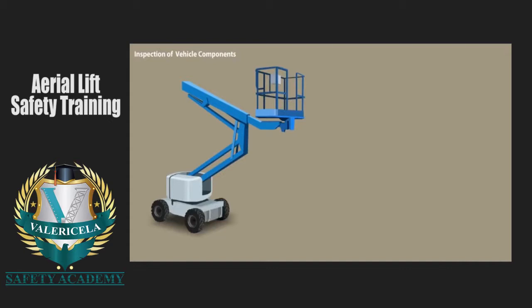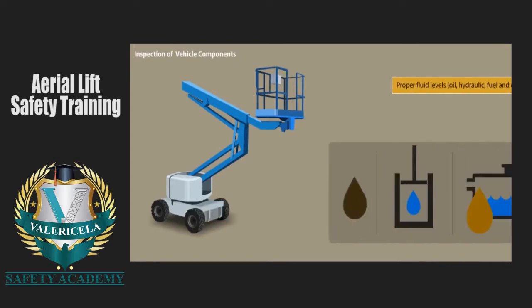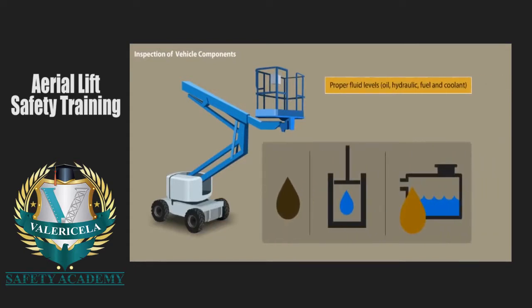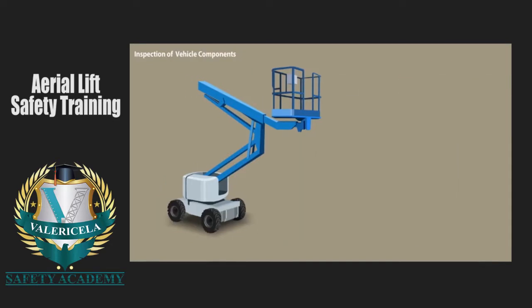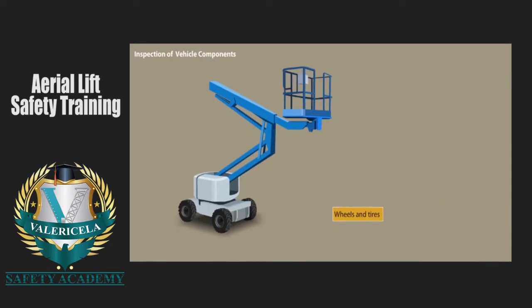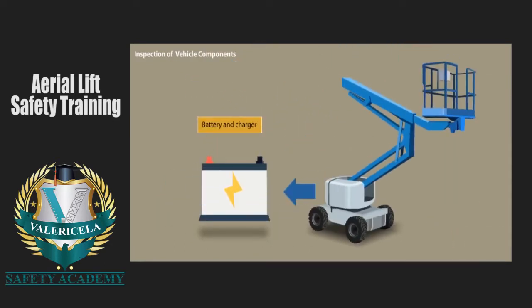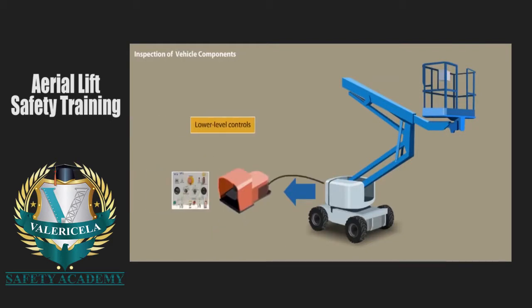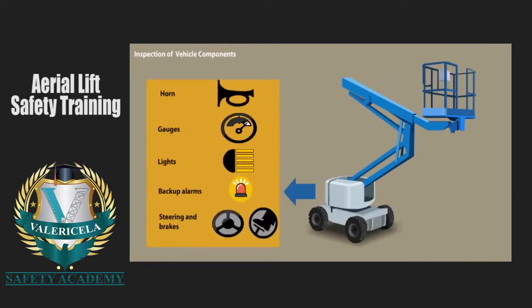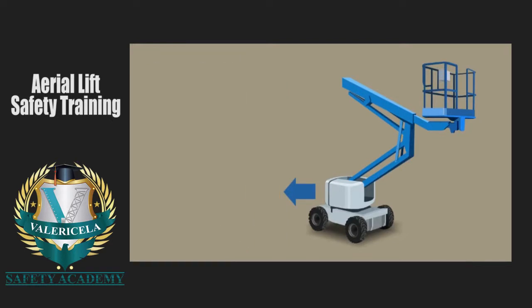Inspect the vehicle and lift components, including proper fluid levels, oil, hydraulic, fuel, and coolant, leaks of fluids, wheels and tires, battery and charger, lower level controls, horn, gauges, lights and backup alarms, steering and brakes.